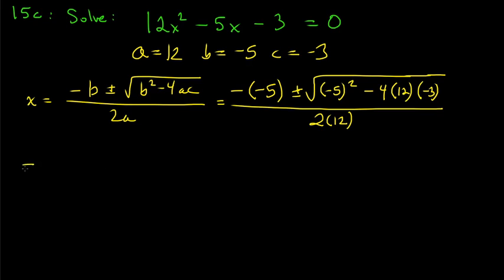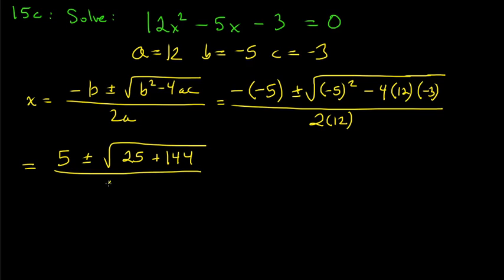All right, so let's simplify this. Negative negative 5 is positive 5. Then plus or minus the square root of negative 5 squared, which is 25, and then minus a negative, so it's going to be plus 4 times 12 times 3. So I think that's 144. Right, 4 times 3 is 12, 12 times 12 is 144. Over 2 times 12, which is 24.